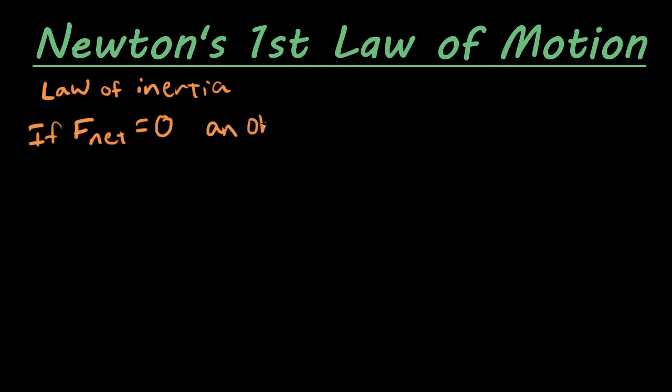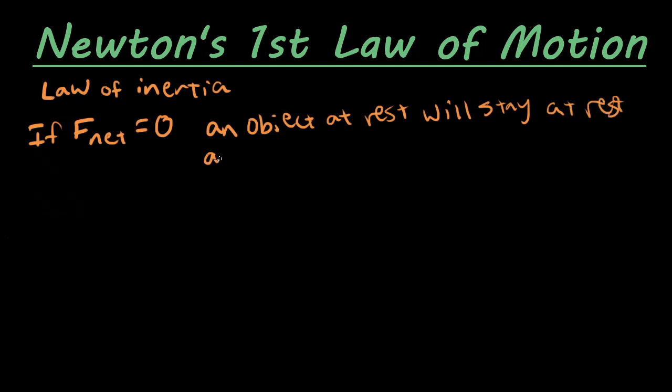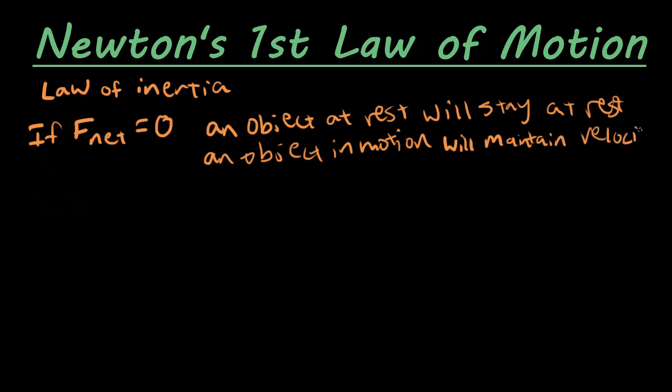An object at rest will stay at rest, and an object in motion will maintain a constant velocity. If we think about this conceptually, an object at rest is going to stay there unless acted upon by another force.